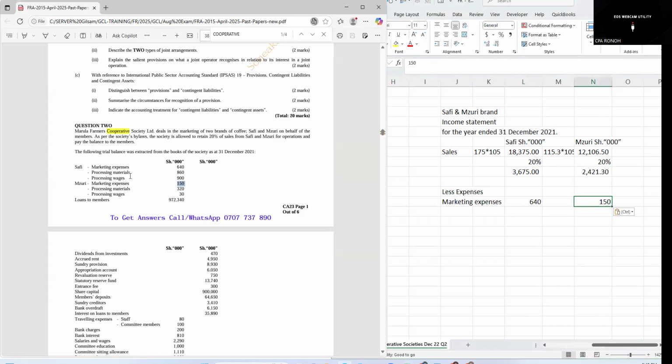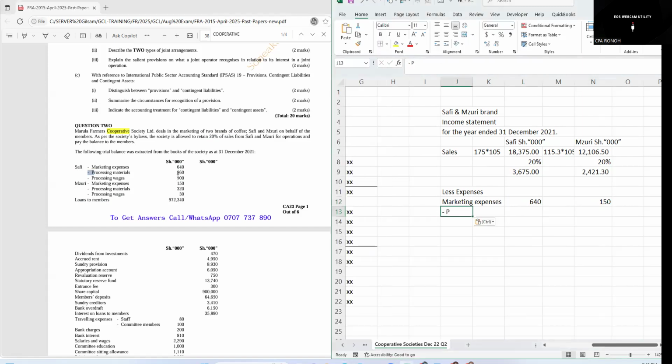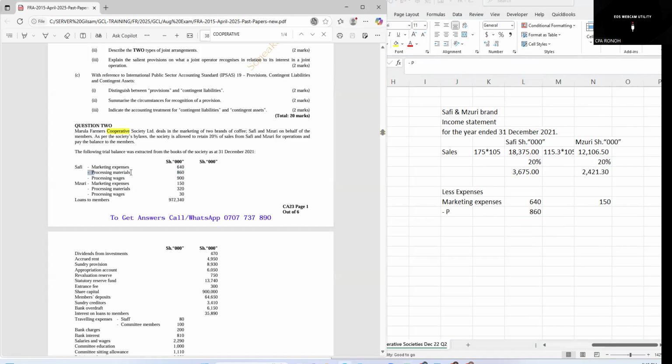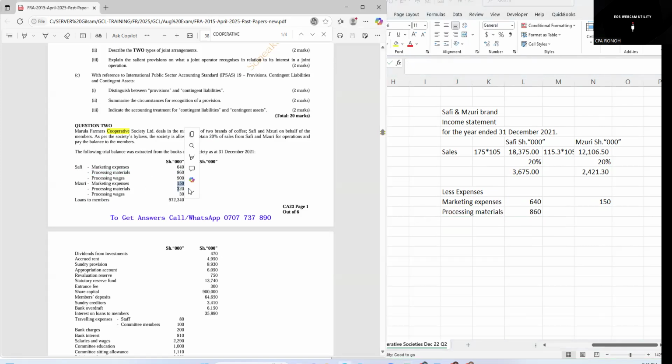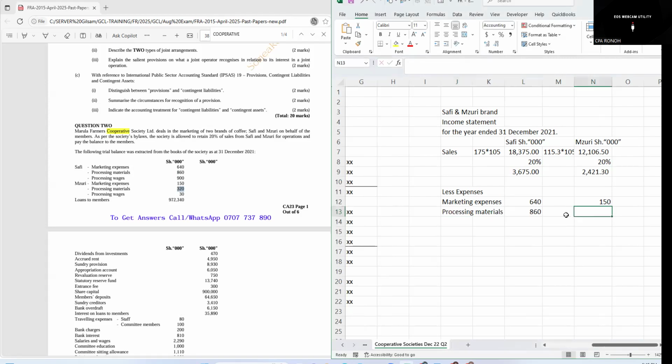We have processing material, 860, and the other one is 320.